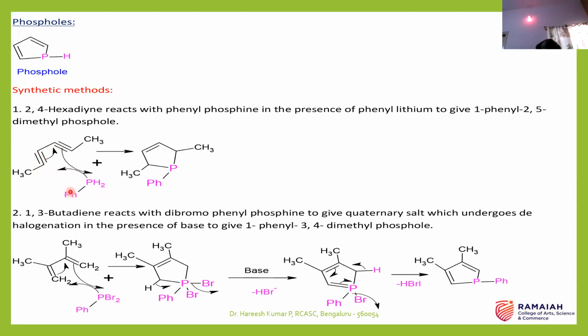So we can observe a new bond formation between this carbon and this phosphine. Similarly, there will be a new bond formation between this carbon and a proton.